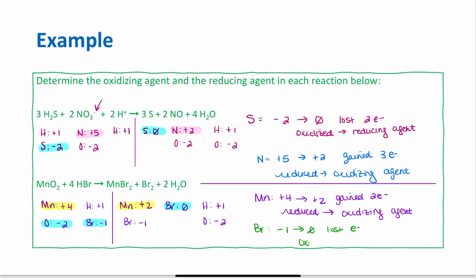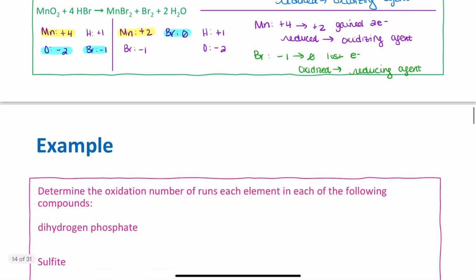It was oxidized, and it's the reducing agent. Again, notice that your oxidizing and reducing agents are always reactants. It's not your products doing this, it's your reactants doing this.